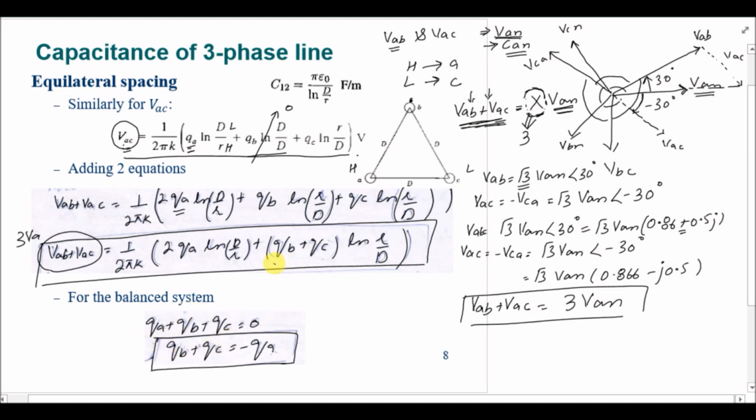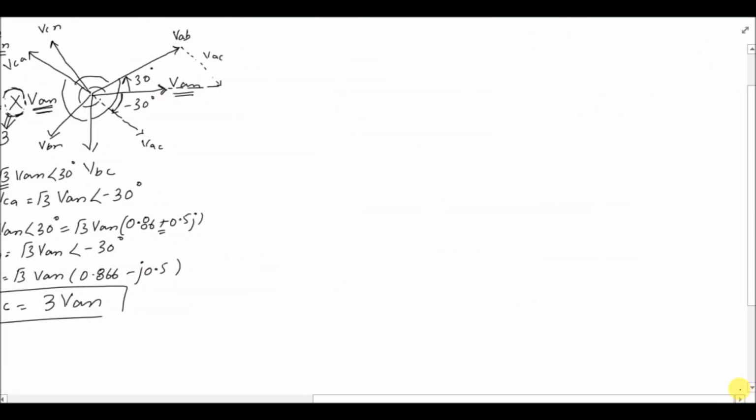So to replace QB plus QC with QA, we will have this equation, and QB plus QC is equal to minus QA, right? So I will write it here.